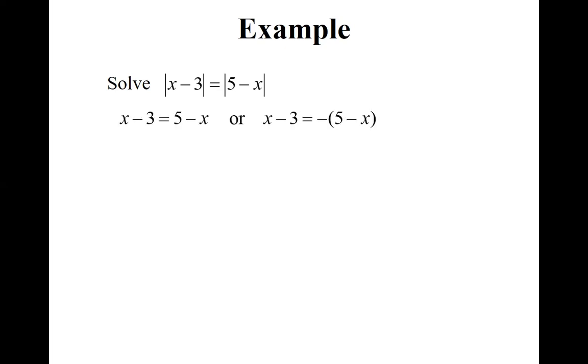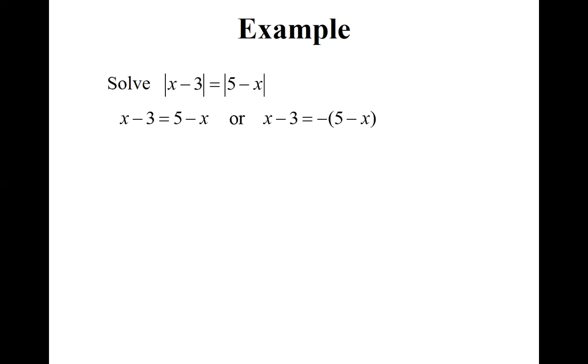In other words, x minus 3, the inside of the absolute value on the left, is either going to equal 5 minus x, or x minus 3 is going to equal the opposite of the right side, the opposite of 5 minus x.